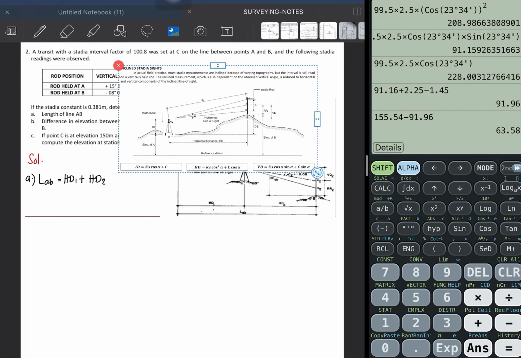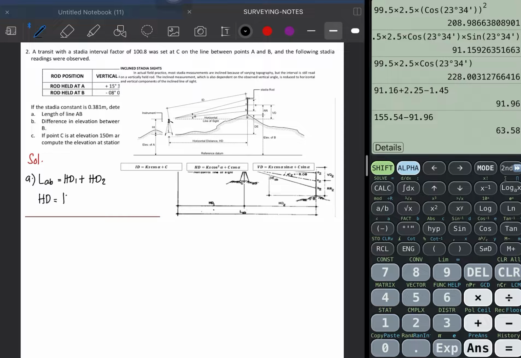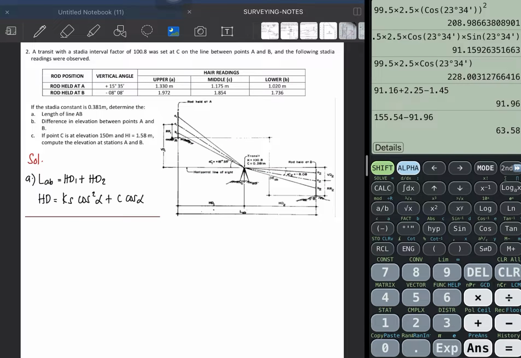Okay? So the formula for HD, you have this one. So HD is equivalent to Ks cosine squared of alpha plus C cosine alpha. Okay?